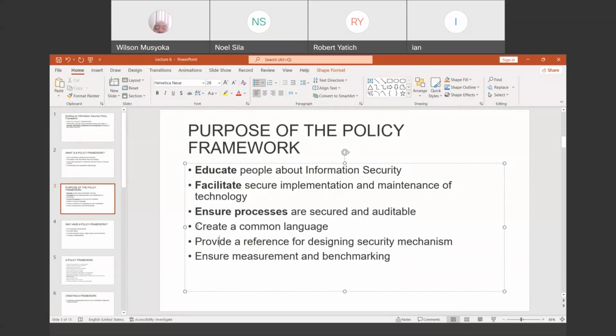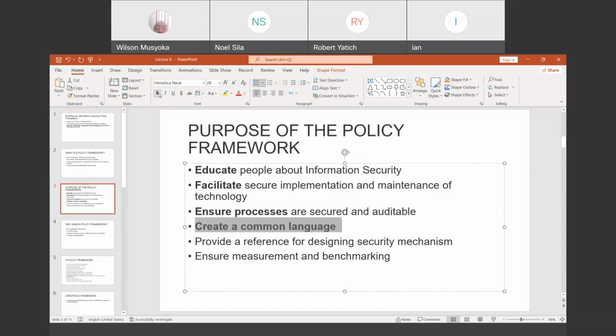Then you can create a common language. This is very important because within an organization, all the stakeholders need to have the same language in regard to security frameworks, meaning that they need to be able to speak in one voice. They need to be able to understand security policy from one perspective.